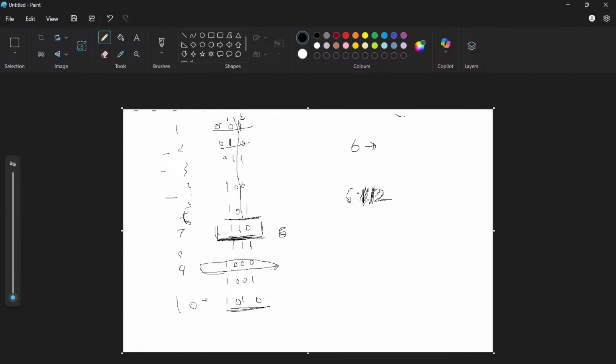Let's take 9. So for 9, looking at the bits, 1 2 3 4. So 9 divided by 2 is 4. This is for the units place. Then for this one, 1 2 3 4.